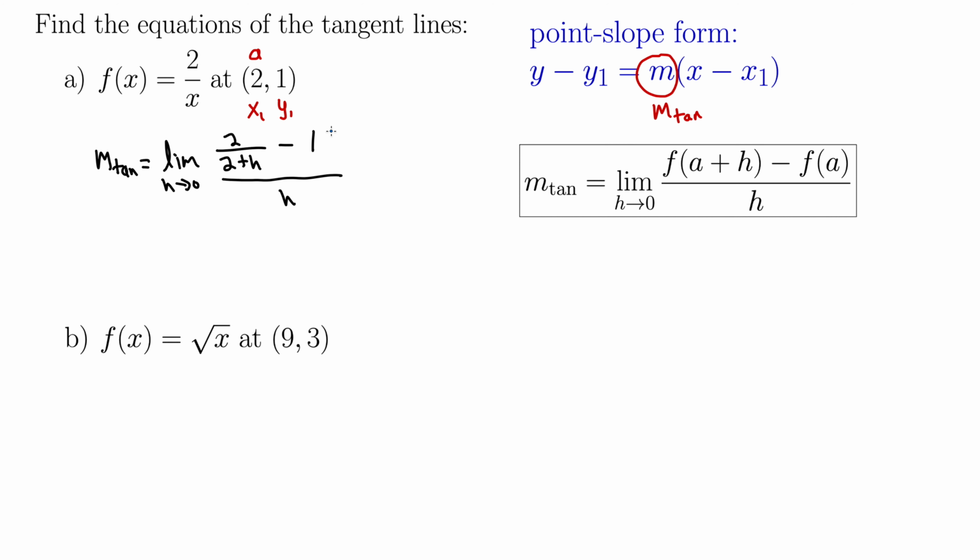So we'll do 2 plus h over 2 plus h on the 1. So this gives us the limit as h goes to 0 of, well, it's all going to be over 2 plus h, and then all over h, and then we have 2 minus the quantity 2 plus h.